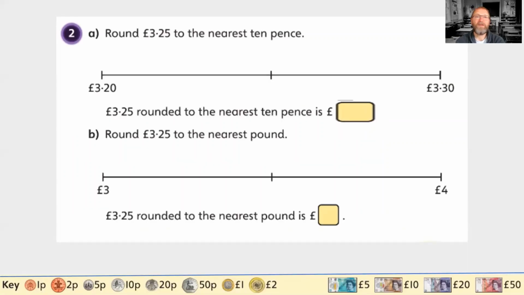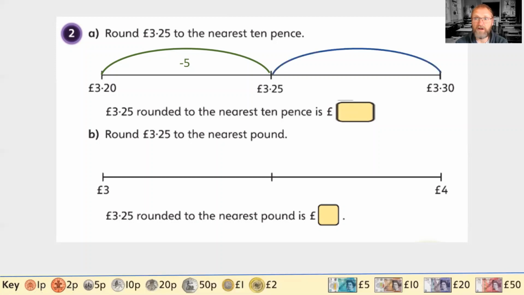Question 2A, round £3.25 to the nearest 10 pence. Okay, so £3.25 goes into the middle of our number line. And look at those 10 pences, £3.20, £3.30. Are we going to round up or are we going to round down? Well, if we round down, we would have to take away 5 pence. If we round up, we need to add 5 pence.